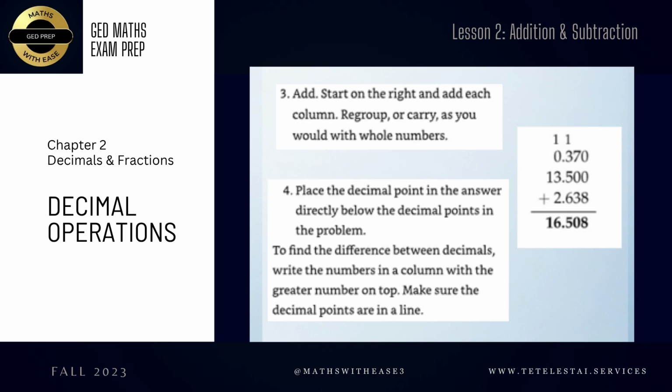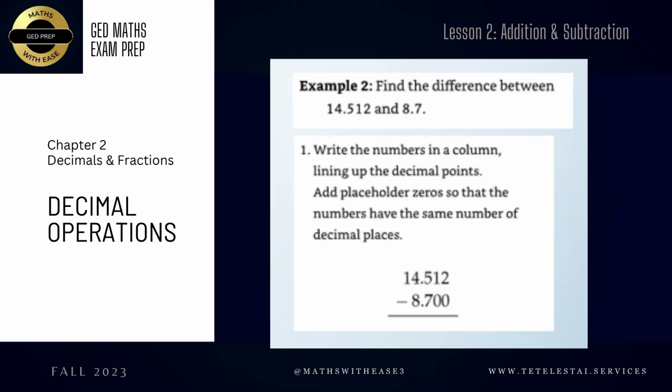So now in the tens column, we simply have 1. And so now we can confidently say that 0.37 plus 13.5 plus 2.638 is equal to 16.508.